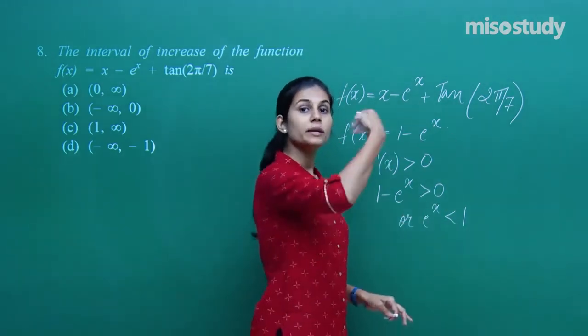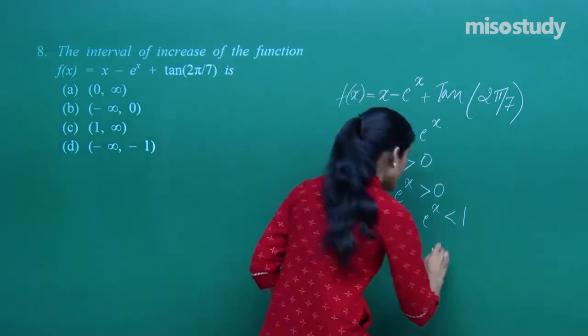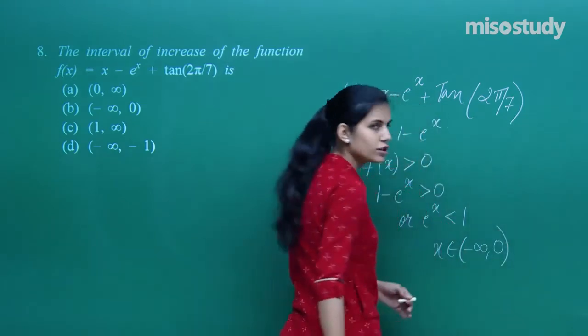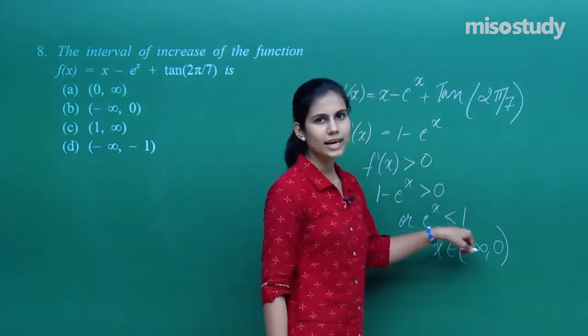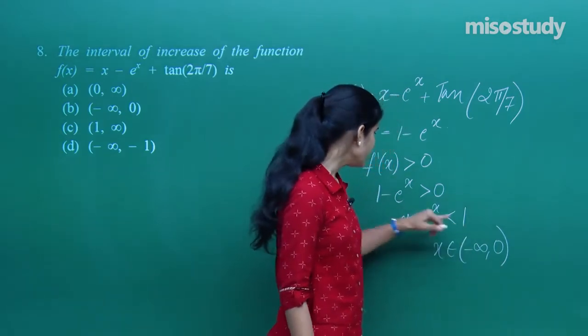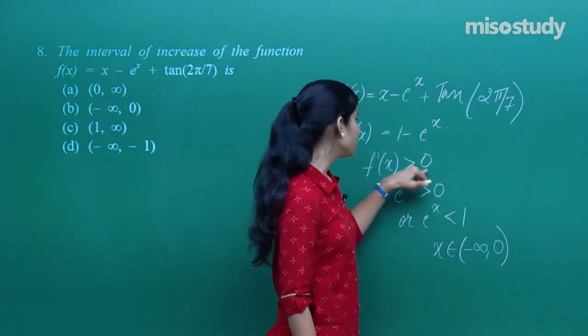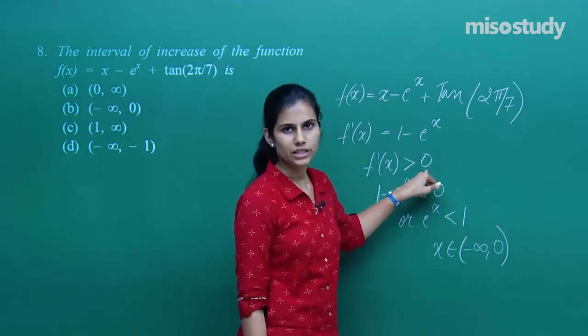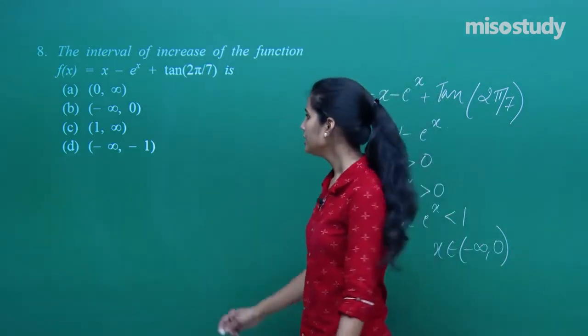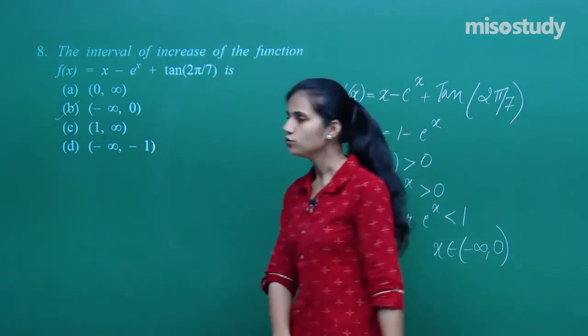Because beyond 0 it becomes greater than 1. So x has to lie in minus infinity and open 0, not close 0, because at 0 it will be equal to 1. I am not interested in that. It is for these values that e to the power x will be less than 1, this will be greater than 0, that means my function will be increasing. So it is in this interval that my function is increasing. The interval is minus infinity to 0.